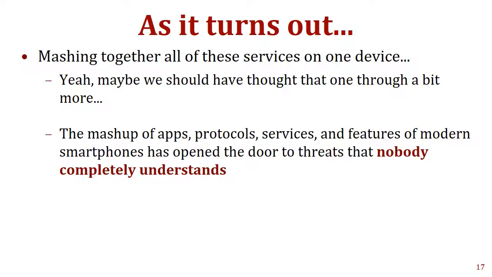And also, since the mobile computing platform is quite different from the previous computing platforms, many security best practices will not be helpful in this case. So that's why we have lots of new, exciting problems to work on.